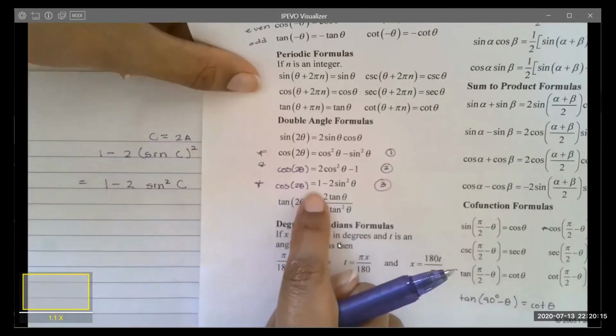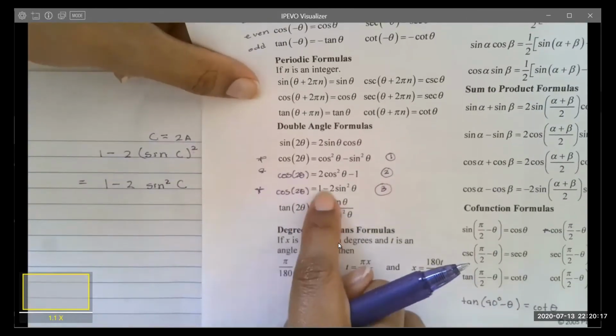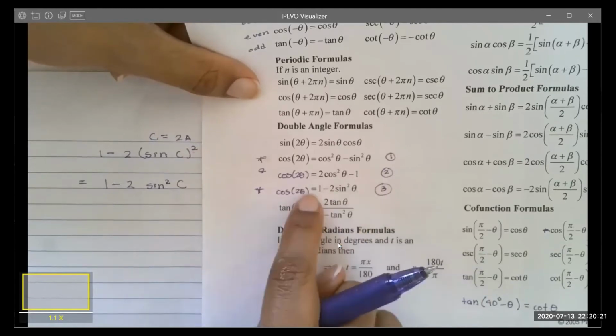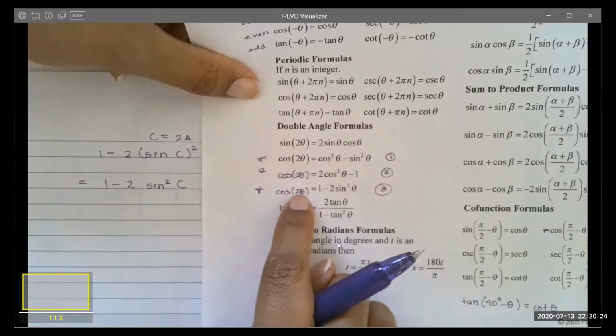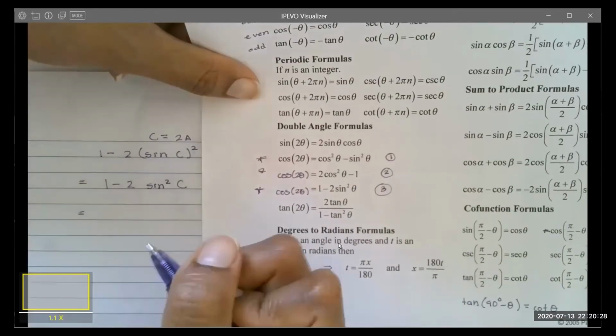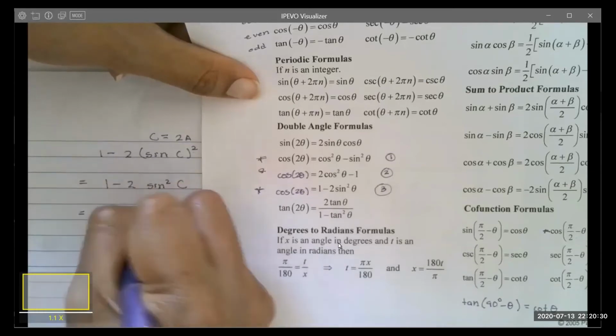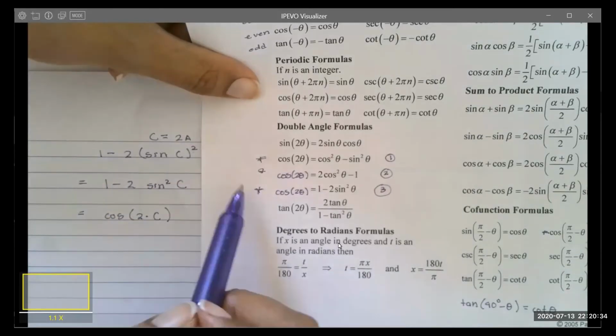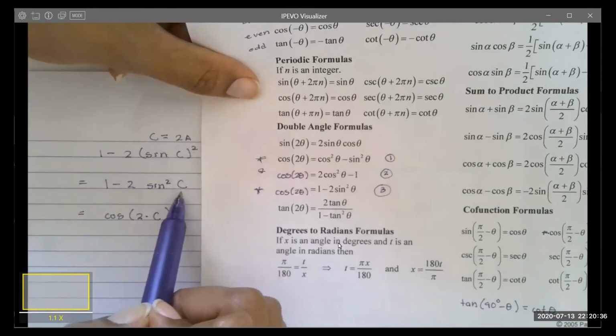In the double angle formula, we have that 1 minus 2 times sine squared of whatever the angle is equal to cosine of 2 times the angle. So this here is going to be cosine of 2 times the angle, which is angle C, this angle here.